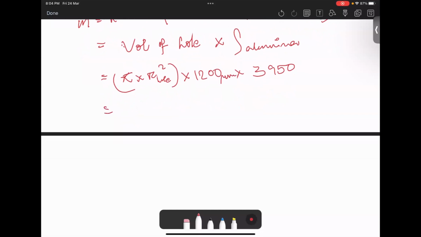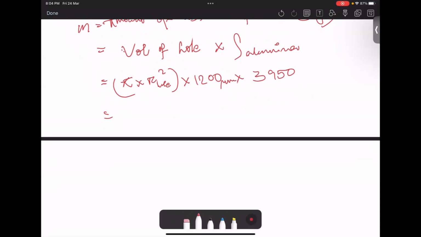Now rearranging and getting all the things done, you have pi as 3.14, hole radius as 40 microns squared, depth of the hole as 1200 microns, and density in kg per meter cube as 3950.